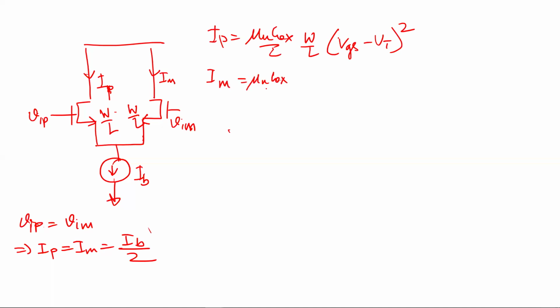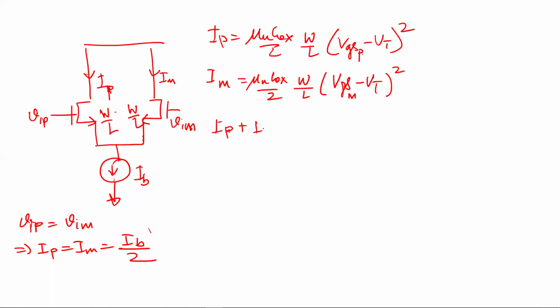Mu n Cox over 2 W over L, VGSM minus VT square, right? Now, mu n Cox is the same, and IP plus IM is what? Equals IB, right?